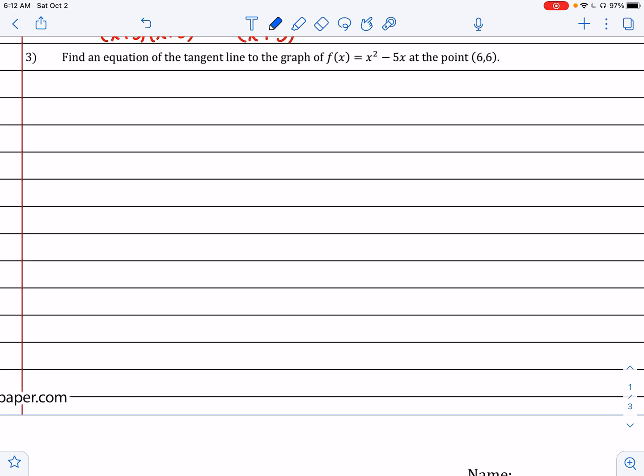So if I want to find an equation for a tangent line, I need to know a point, which I know, and the slope at that point, which I don't know. And I know to find a slope at a point, I need to find a derivative.